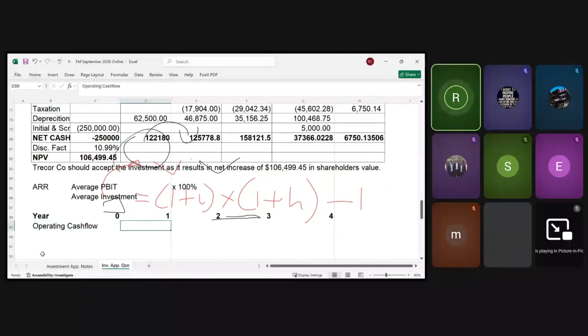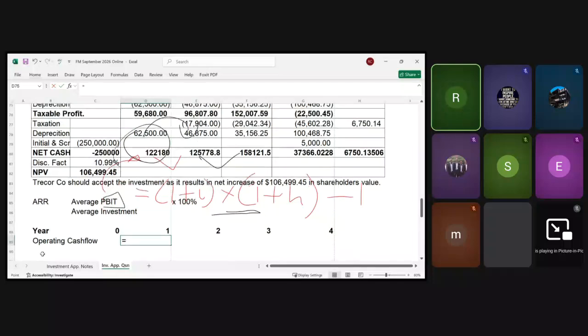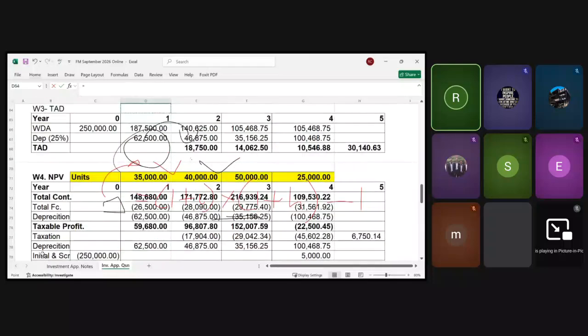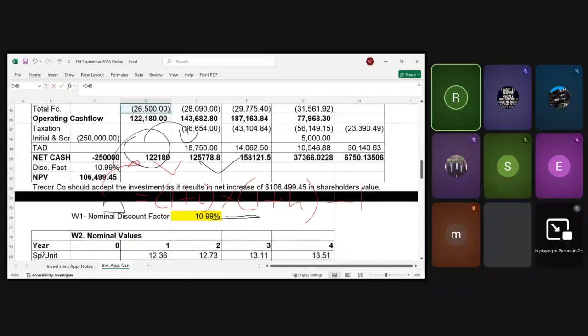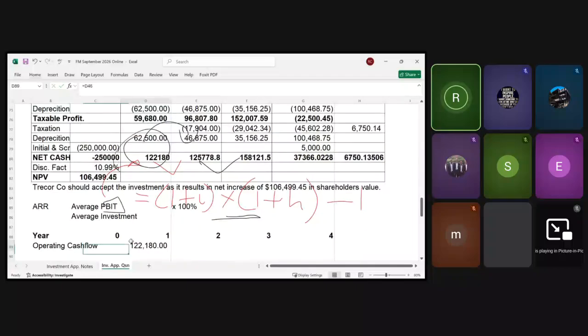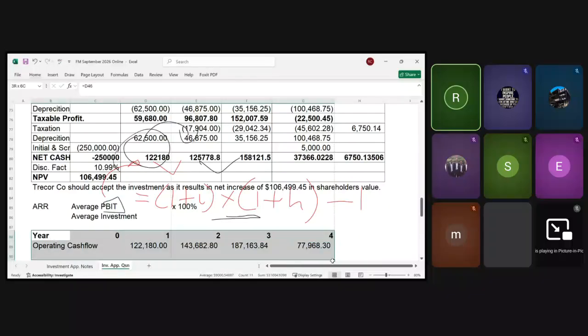Right, our operating cash flows, we have them from the first piece of computation. These are the operating cash flows that we have from year 1 up to year 4.